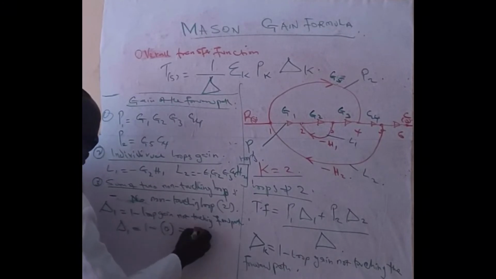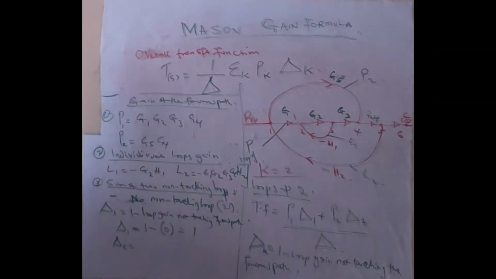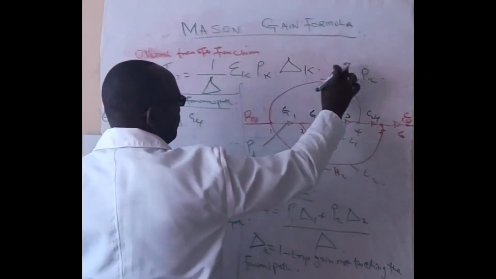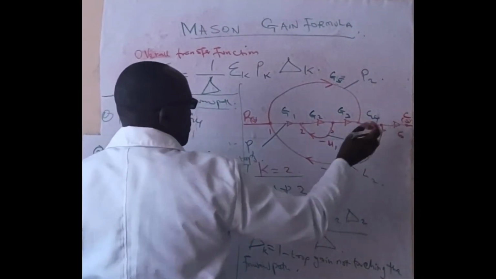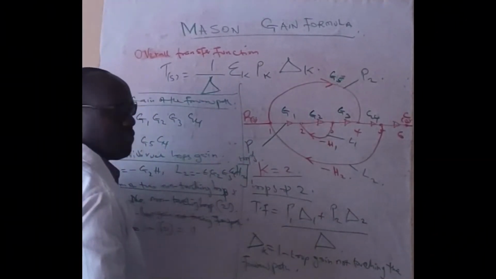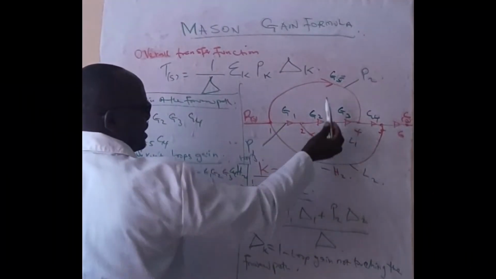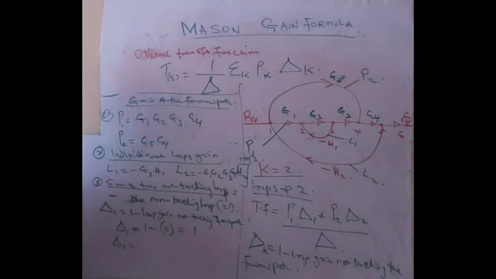Delta 2, which is this one. This loop is touching the first forward path, but this loop is not touching that second forward path.